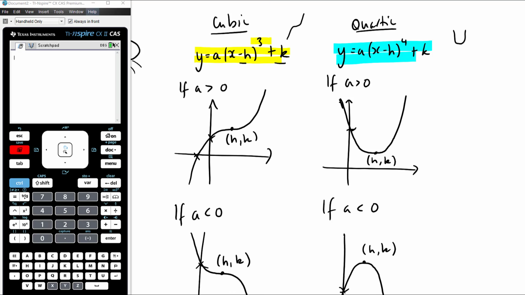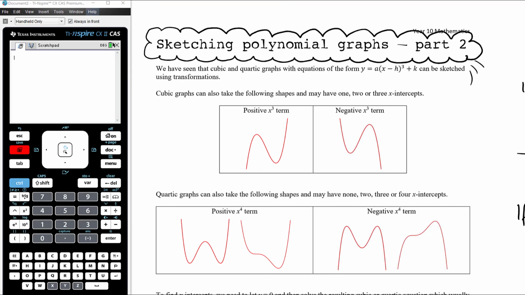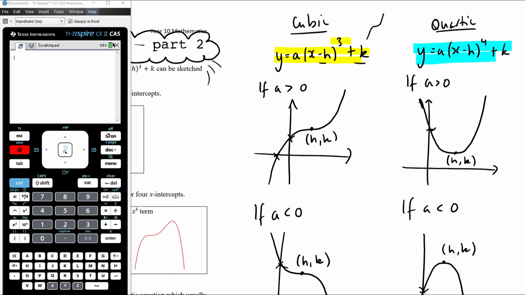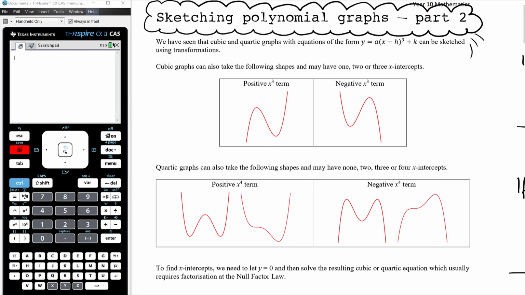What we want to focus on today is the other kinds of cubics and quartics. Not eliminating the fact that we can have cubics and quartics that look like these, we can also now introduce that we can have cubics and quartics that might look like these. There are a couple of other variations that are possible too, but we won't worry about those for now.